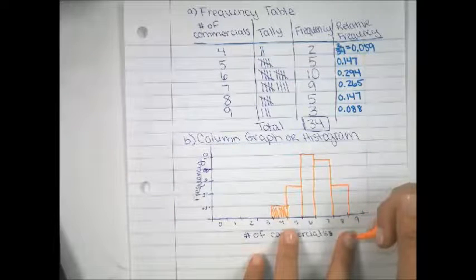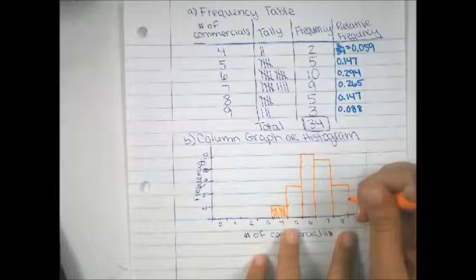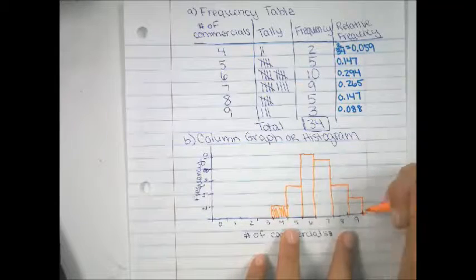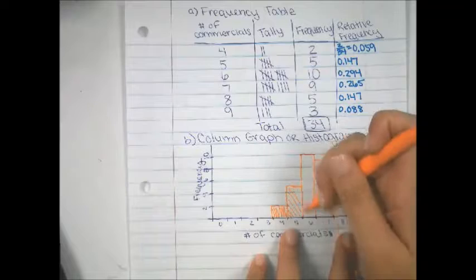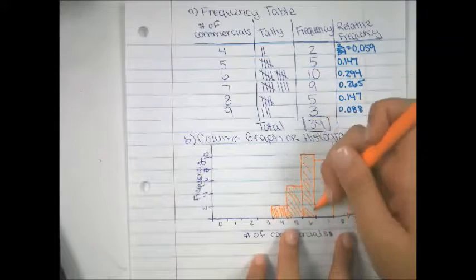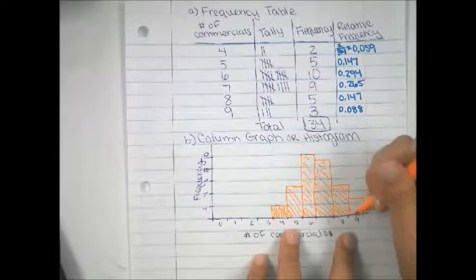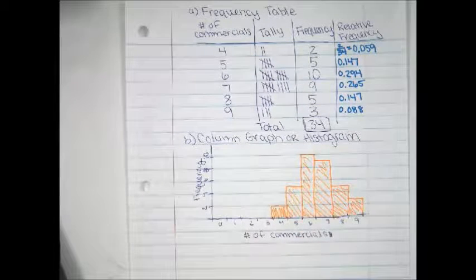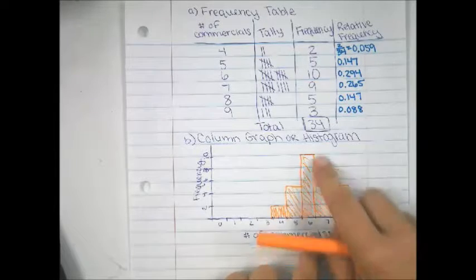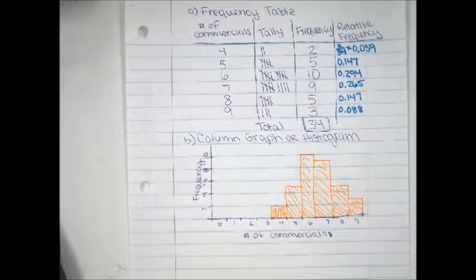So 8 is equally likely to 5, and then 9 happened 3 times. Bar charts help us visualize what's going on, so you can kind of see where the peak is. Most of our data is clustered around 6 to 7 commercials, which happens the most. And so that's a histogram, or it might be called a column graph.